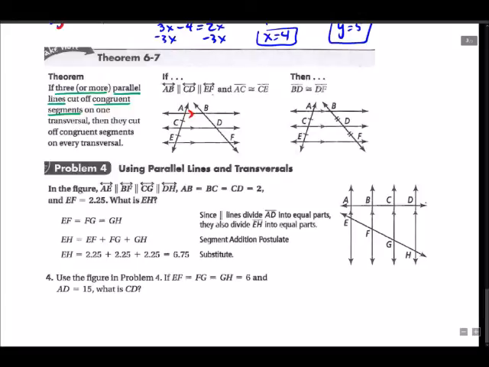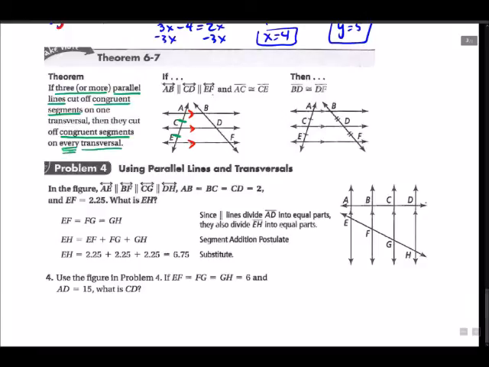We've got 3 parallel lines, and one of our transversals has congruent segments. Okay, that's our requirement. What's the result? Then these 3 parallel lines cut off congruent segments on every transversal.